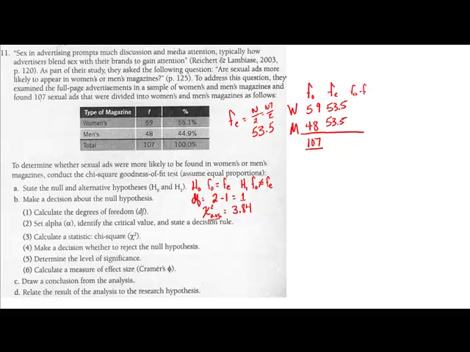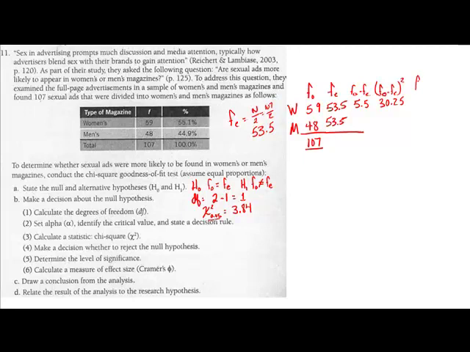The next step in the chi-squared, frequency observed minus frequency expected. So 59 minus 53.5 is 5.5. While I have that in my calculator, I'm just going to go ahead and hit the square button, because that's the next step in the equation. And that is 30.25.